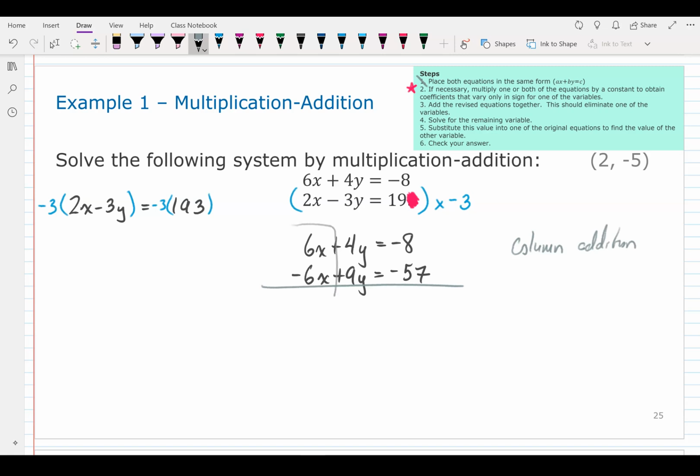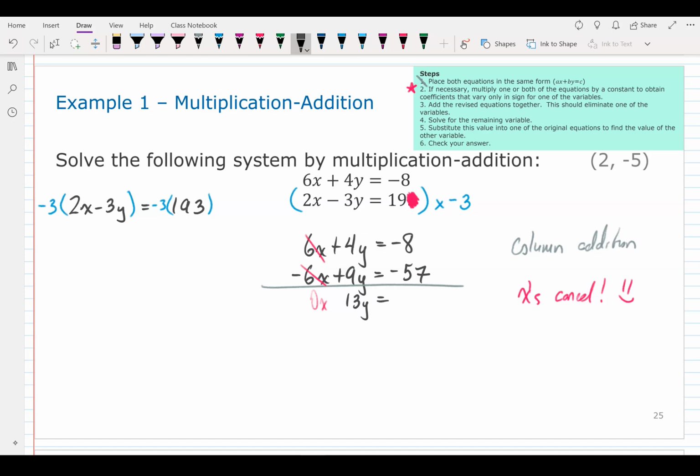We have 6x minus 6x. Go column by column. 6x minus 6x gives 0 x's. So actually we don't have anything. It canceled all the x's. So the x's canceled. That's a great thing. That means that it's going to leave only y's. So we have 4y plus 9y. That would be 13y.